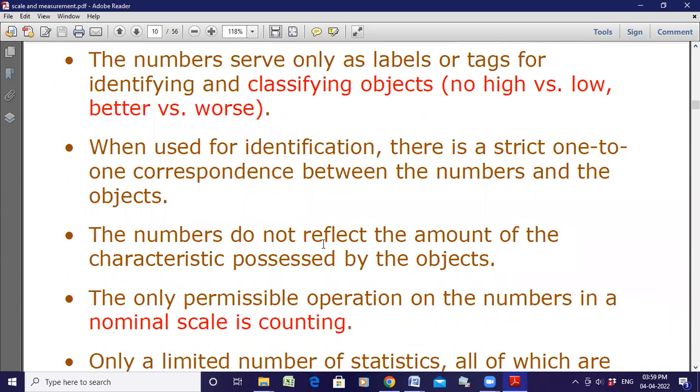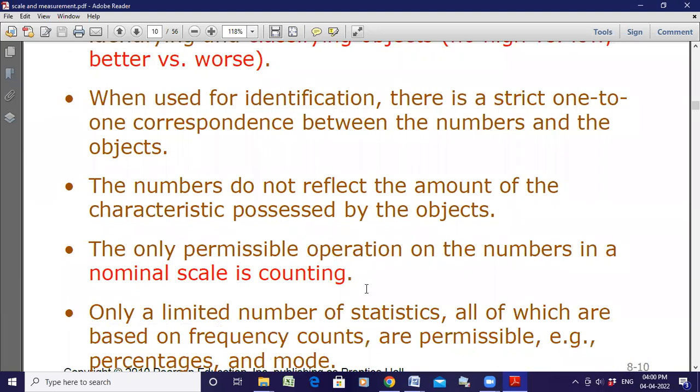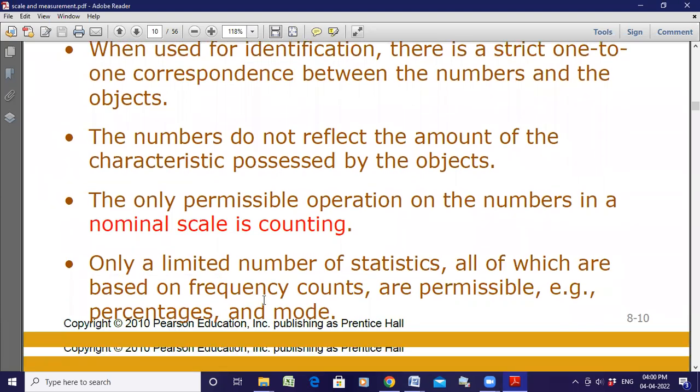The numbers do not reflect the amount of the characteristics possessed by the objects. Of course, it is clear from that example. The only permissible operation on the number in a nominal scale is just counting. Only a limited number of statistics, all of which are based on frequency count, are permissible, like percentage and mode.